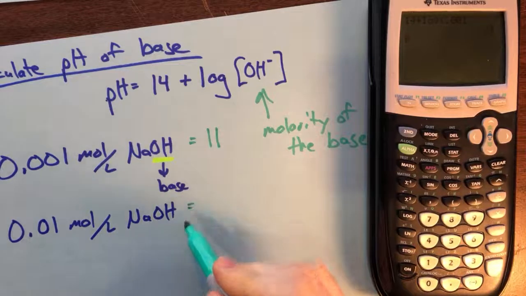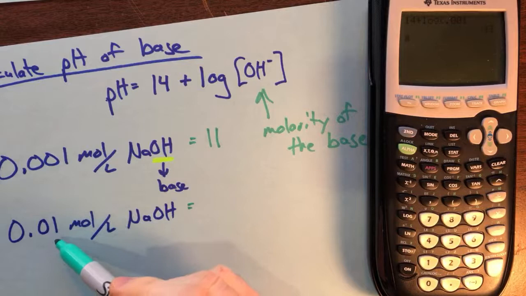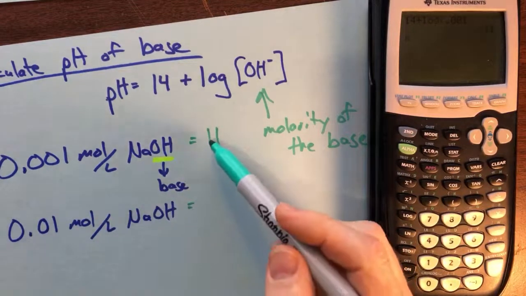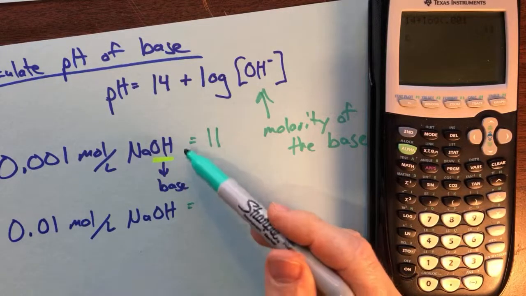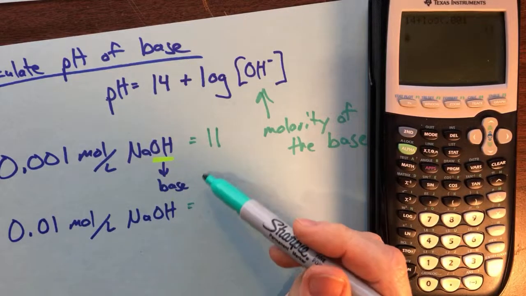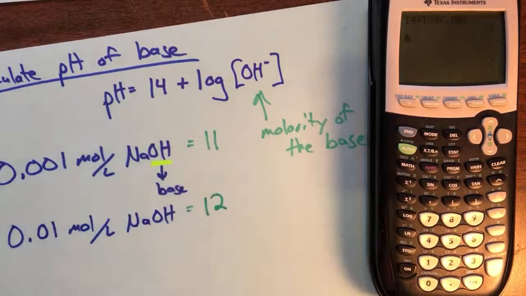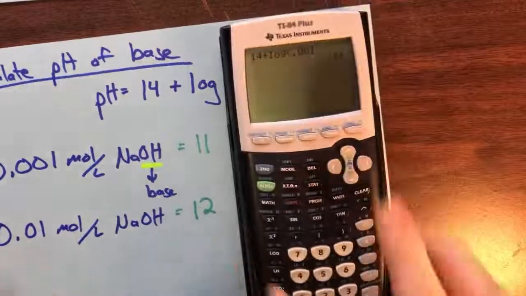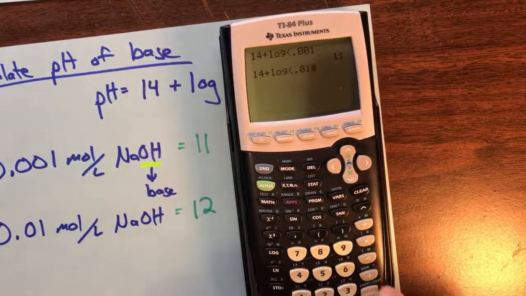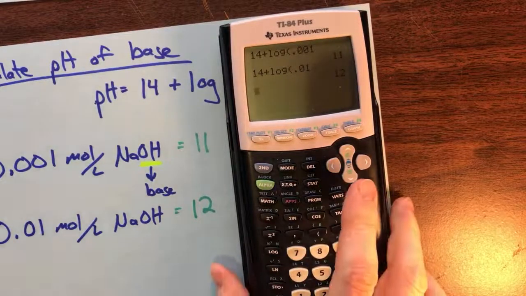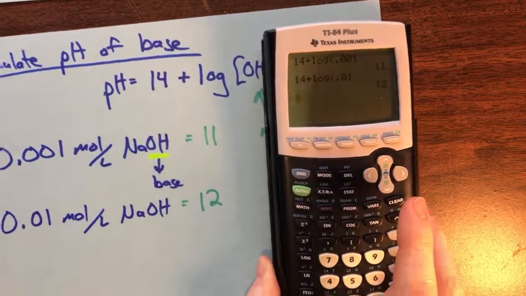A bit tricky, but we know if we're 10 times more concentrated, you're going to be 10 times as basic here, or 10 times less acidic, and so it's actually going to go up in pH. So it should be 12. Let's see if that's the case. 14 plus log of 0.01 gets us 12, and that is correct. All right, 12, nice.